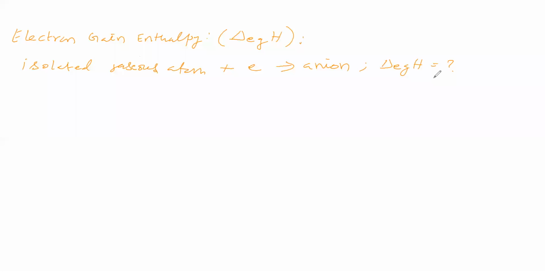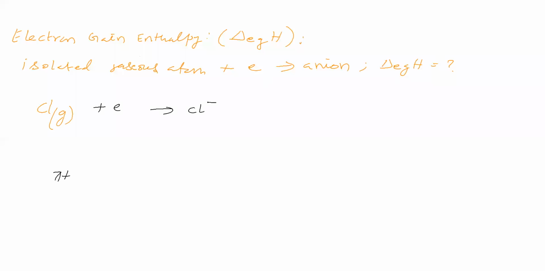Now we will take an example for this. We will take a chlorine atom in the gaseous state. It takes an electron and becomes Cl minus. Chlorine atom has a nucleus containing 17 protons.